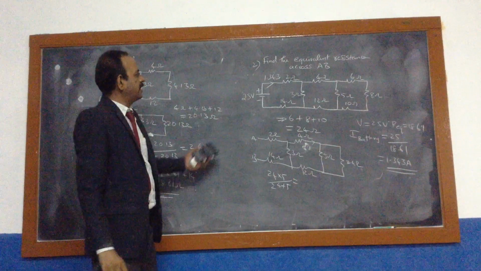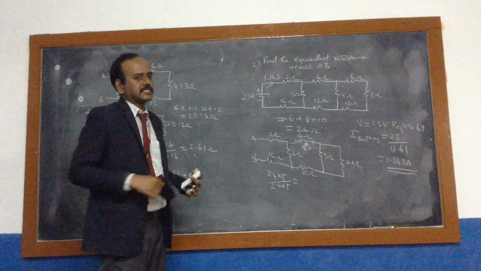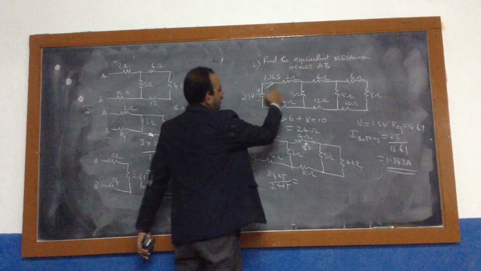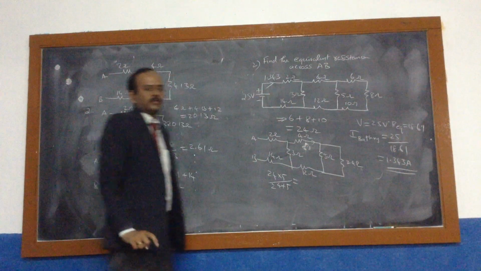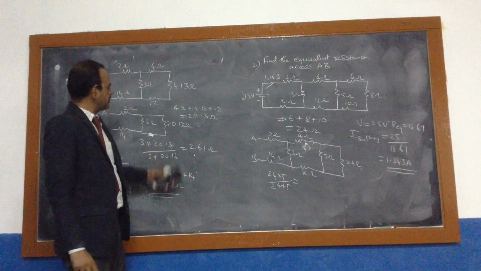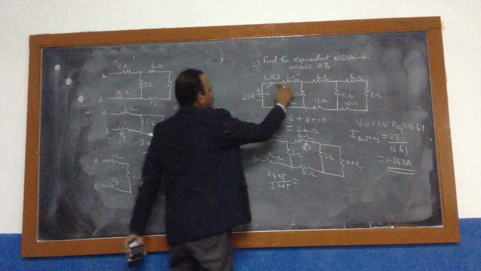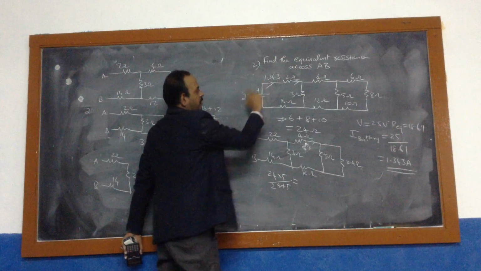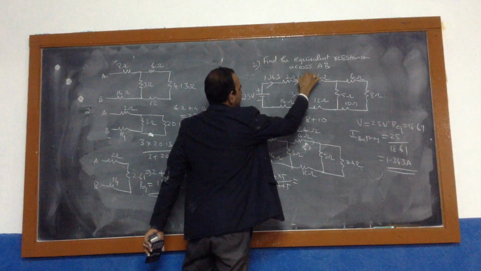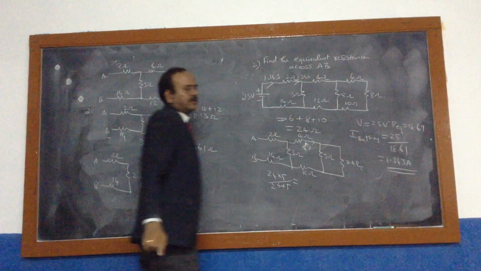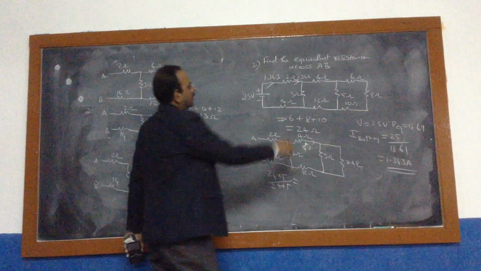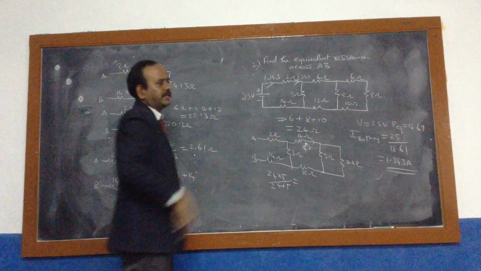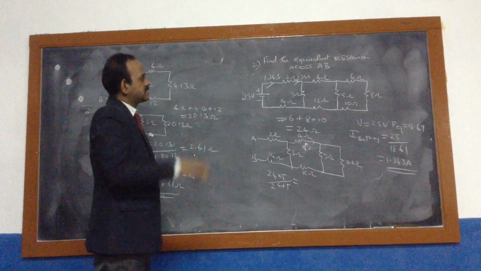Now again they ask the current flowing through each resistance. How can you find it? Again we can use the current divider rule like the previous problem. The current flowing through 2 ohm is the same, the current entering is 1.343. But here we have to make it into a 2 branch so that you can find how the current is divided.